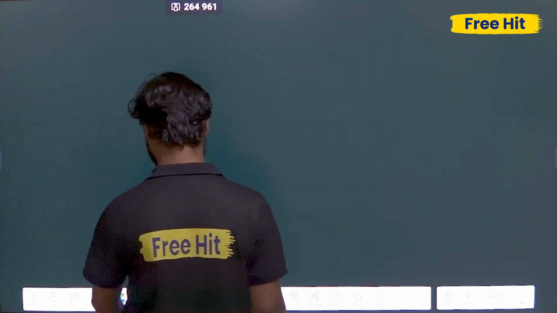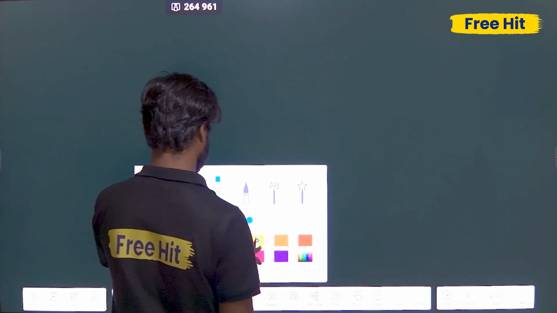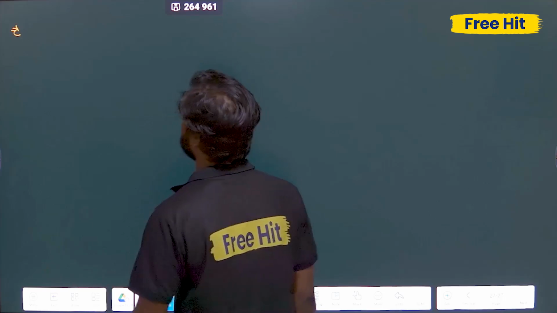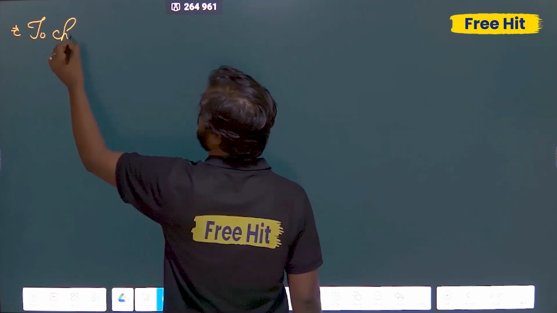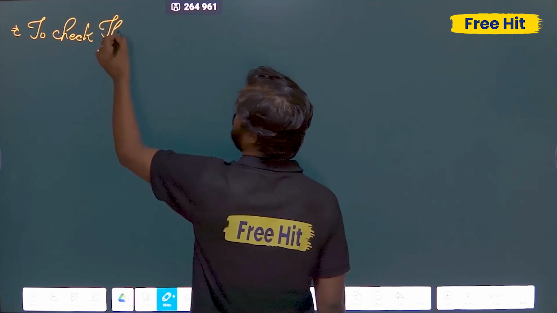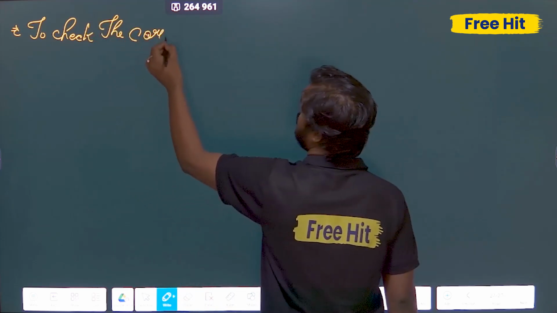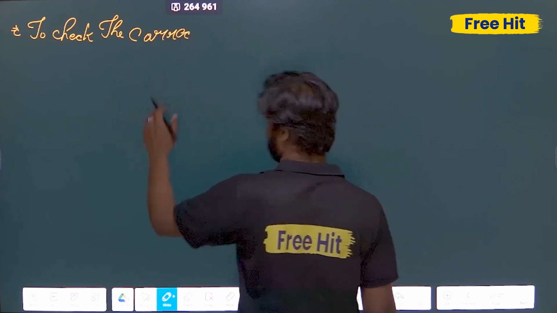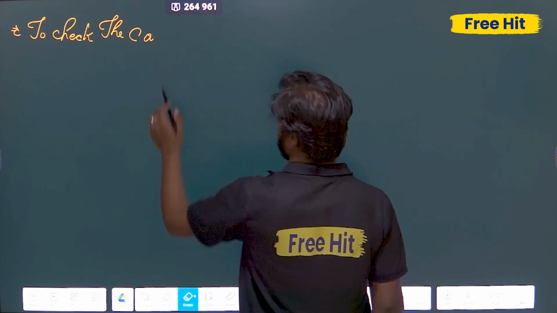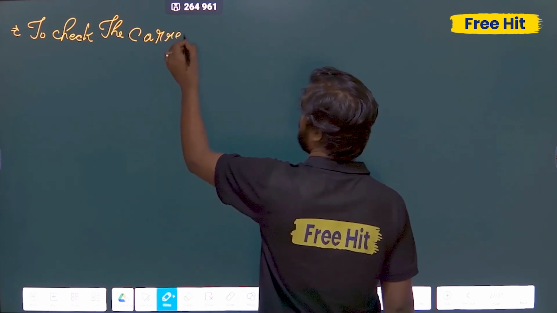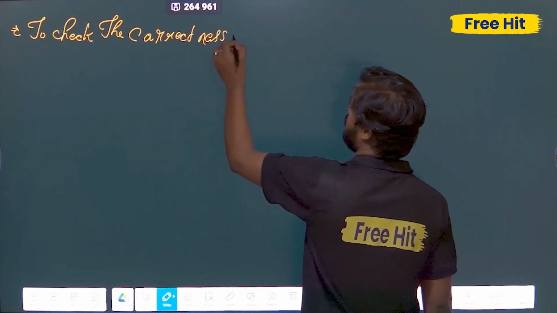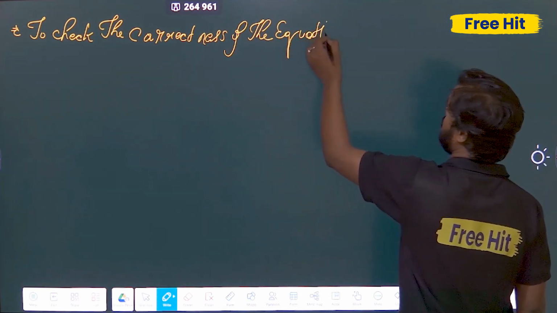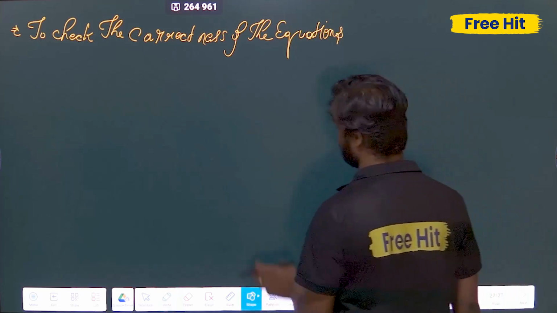Basically one more application of dimensional analysis. Another application is to check the correctness of the equation.